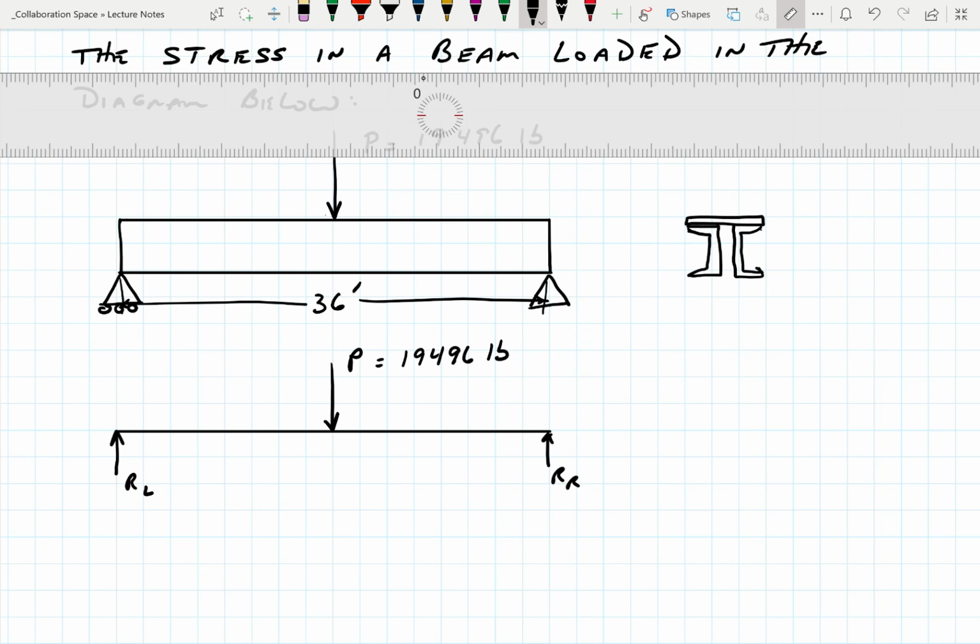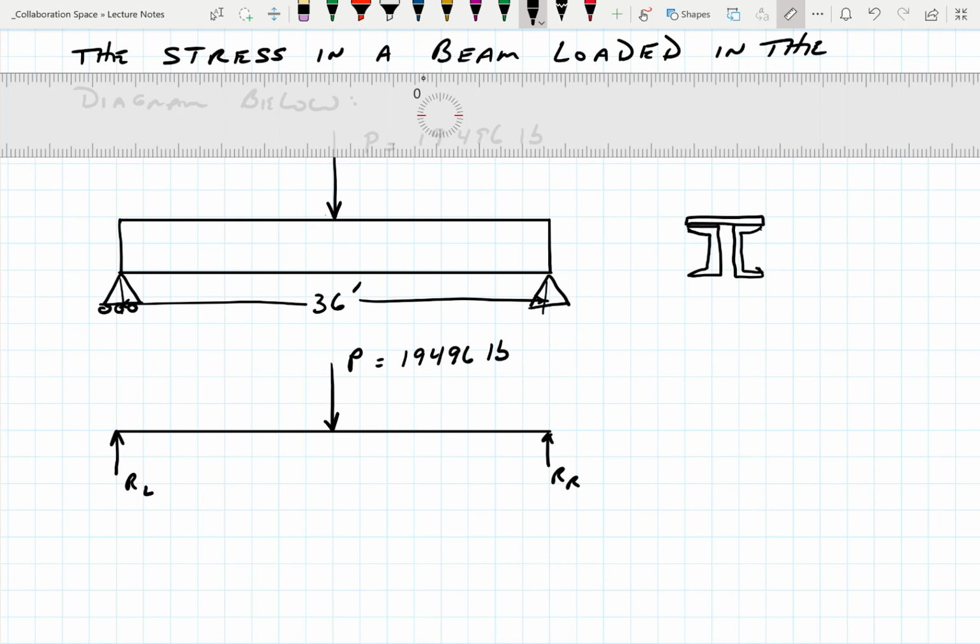From that, 19,500, we'll go with that. I want to make it interesting. Yes, you'll be using your calculator. I'm not doing that in my head. All right. So, what are the reactions?